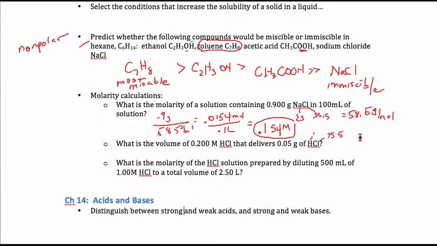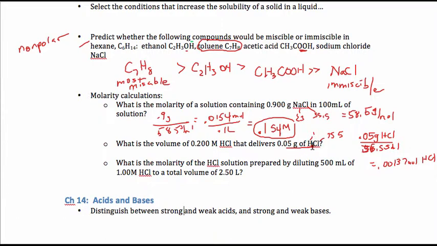So if I take 0.05 grams of HCl and I divide by 36.5 grams per mole, that's 0.00137 moles of HCl.